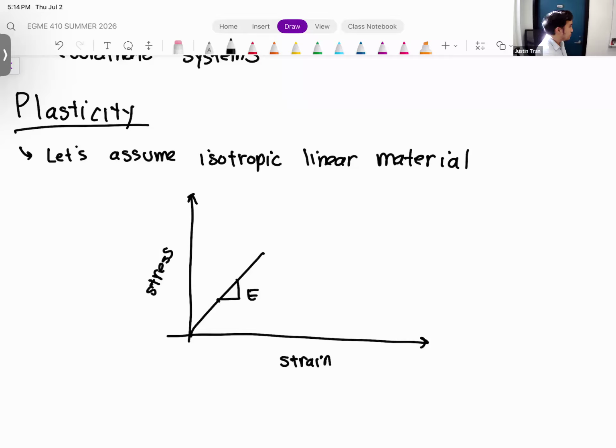So for a purely linear material, we're basically just moving up and down this curve here. The amount of strain that's experienced is directly proportional to the stress. But this linear relationship, as you can probably remember from your solid mechanics class, is only valid if the magnitude of the strains are relatively small.